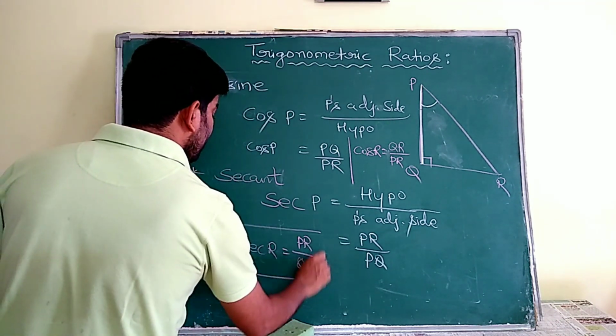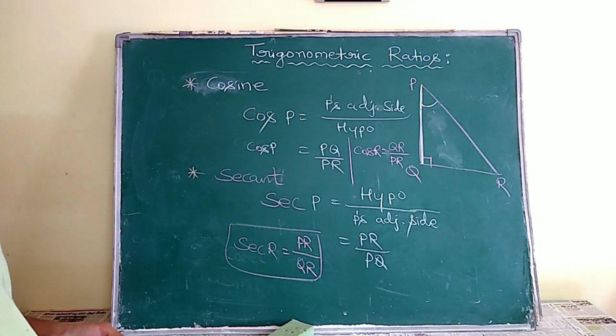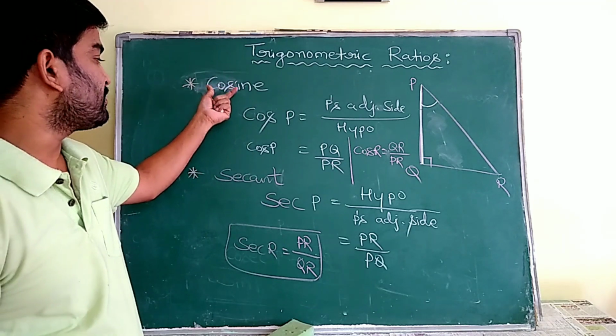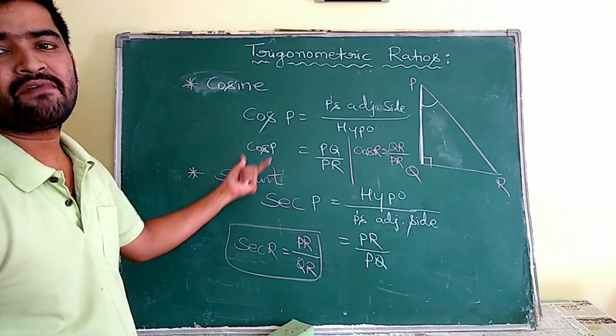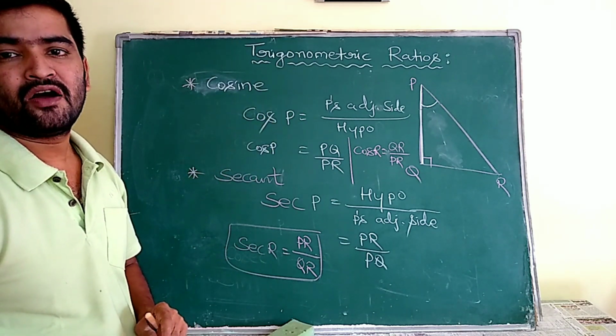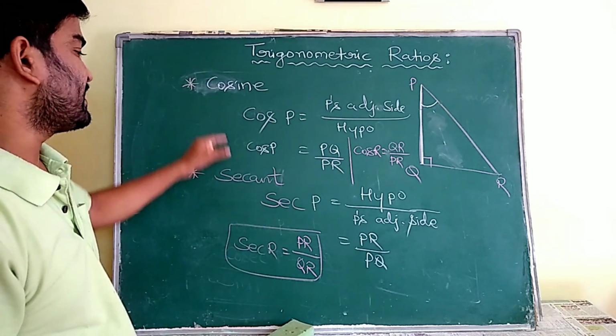So like this we may write the trigonometric ratios cosine and secant for any given triangle with respect to an angle.